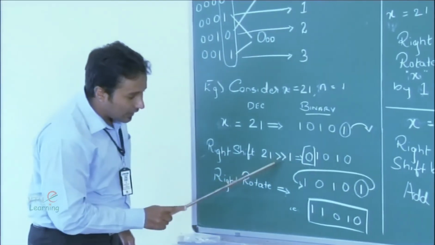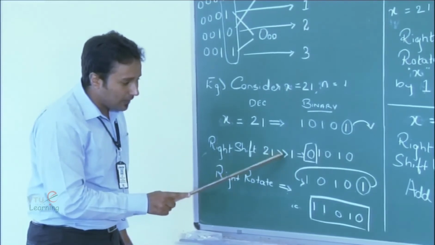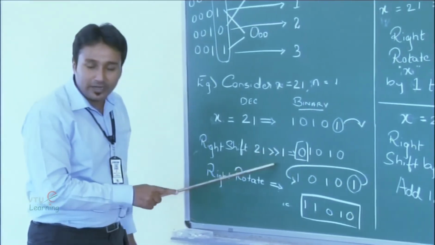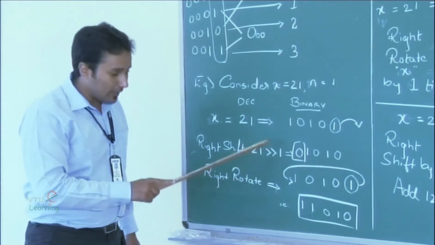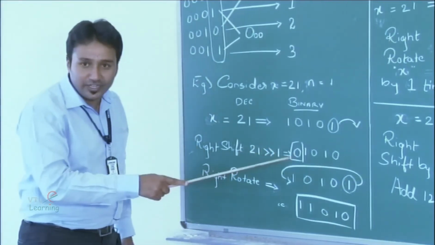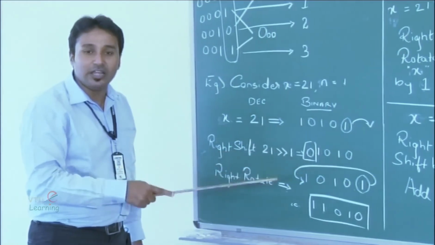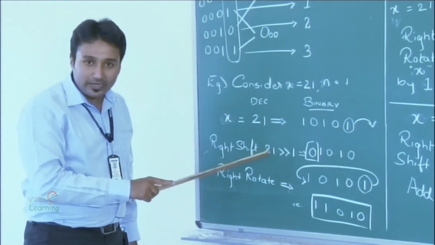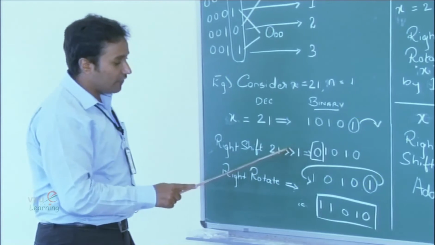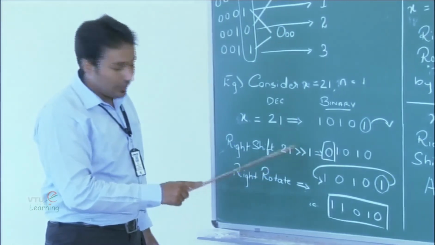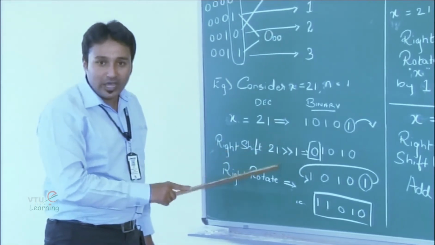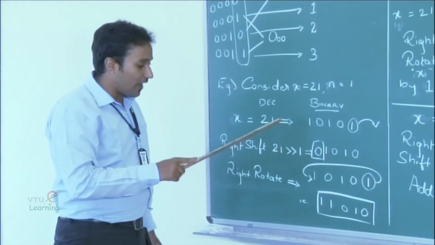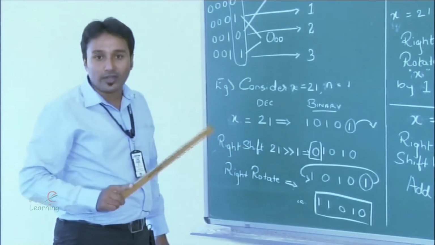Here we can carefully observe that double greater than is the operator which is used for shifting. Double greater than is for right shifting, double less than is for left shifting. Since we are considering right shifting, we will use double greater than. 21 >> 1 indicates that we are trying to shift the value of 21 by 1 bit.